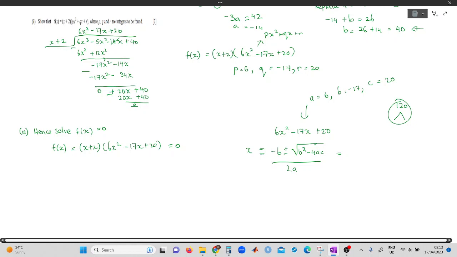So minus b will be 17, because b is already minus 17, plus or minus the square root of b squared minus 4ac, over 2a.